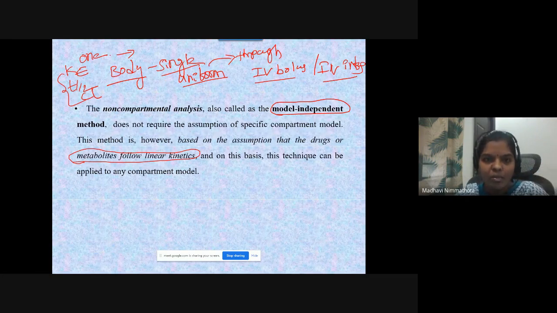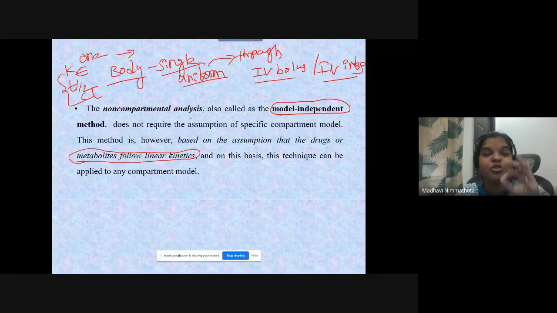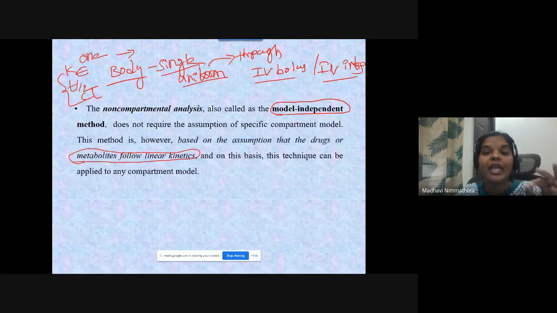In case of the two compartment open model or multi-compartment open model, we calculate all these pharmacokinetic parameters on the basis of that particular model. But in case of non-compartmental analysis, this does not depend upon any model like 1 or 2 or 3.